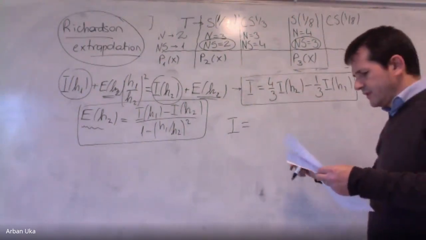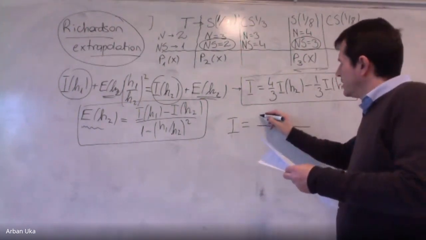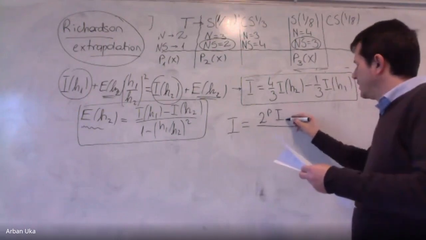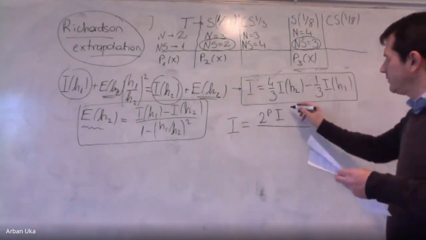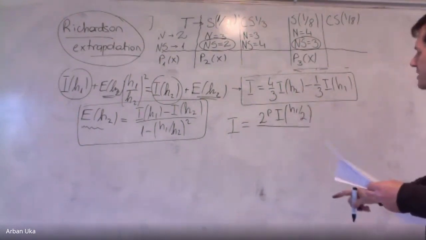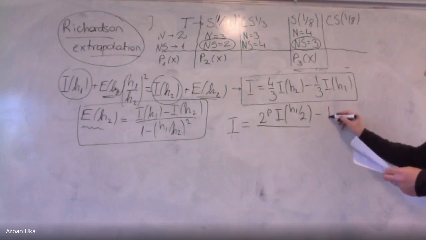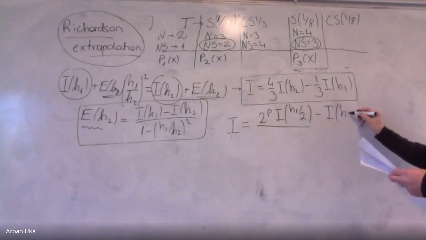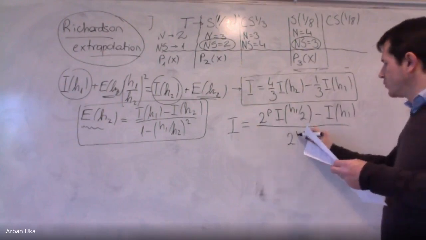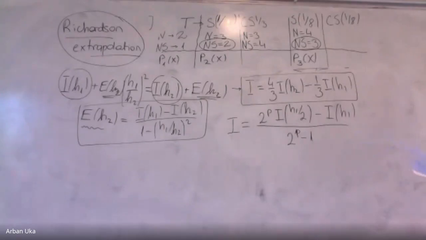Now, we can write the general expression as 2 to the power p times the integral of h1 over 2, so we are dividing h1 by 2, minus the integral calculated using h1, all divided by 2 to the power p minus 1, okay?